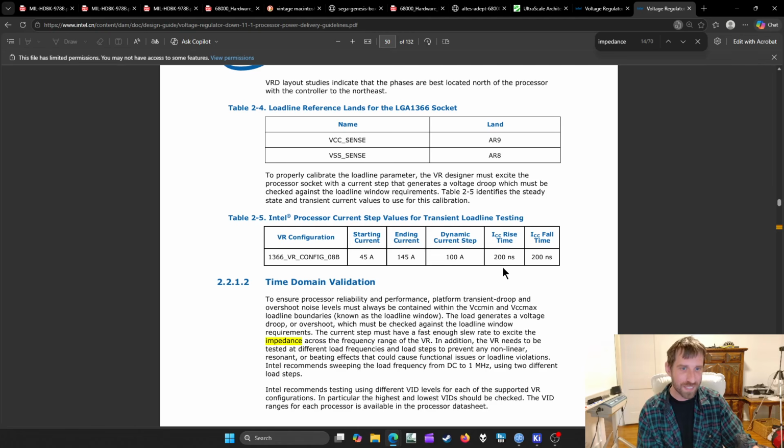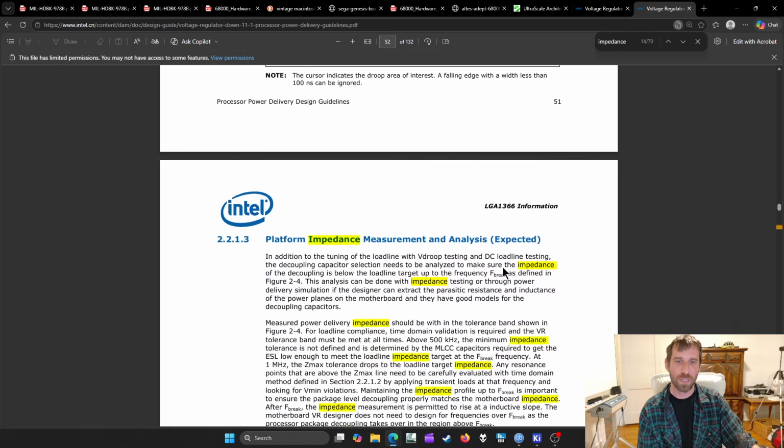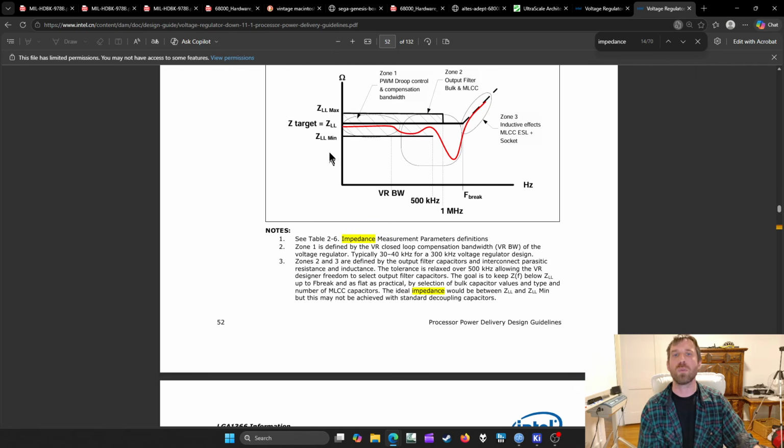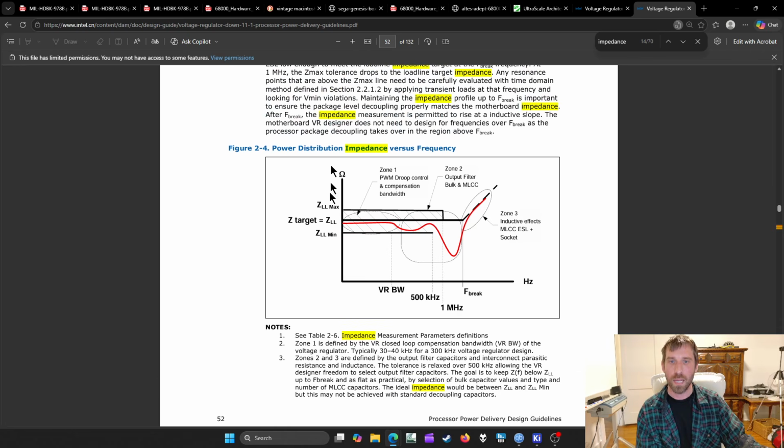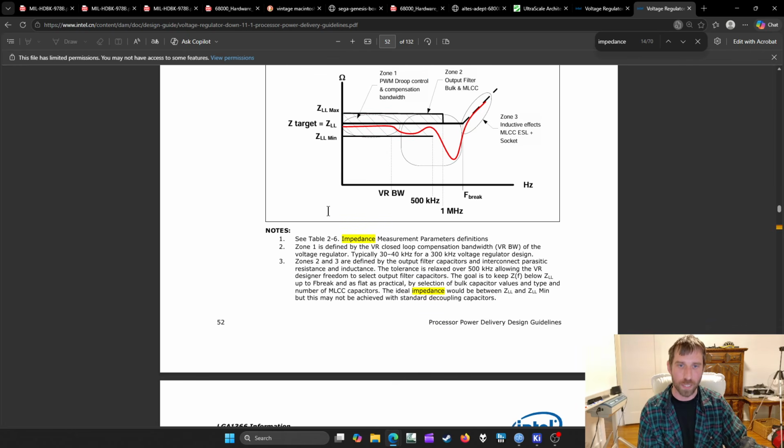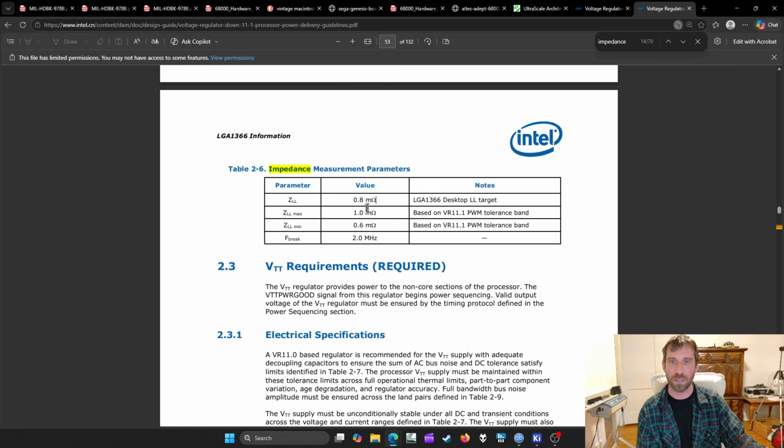So, woo, big current. So at this point, they don't even tell you what capacitors to use. They just give you an impedance guideline. So, and then if you go over here, nominal impedance, 0.8 milliohms.